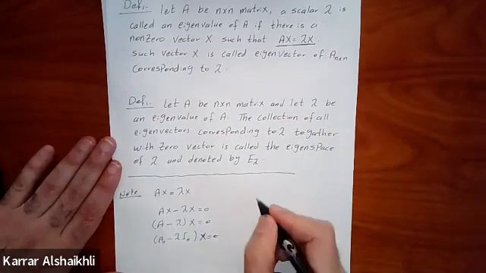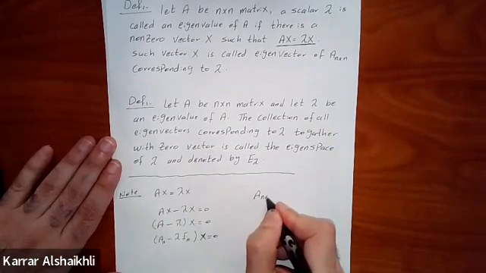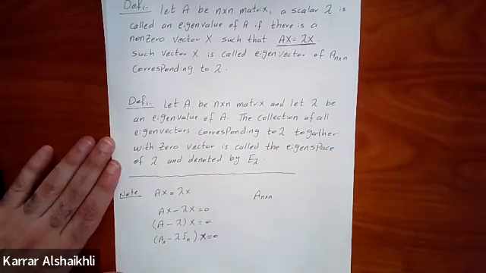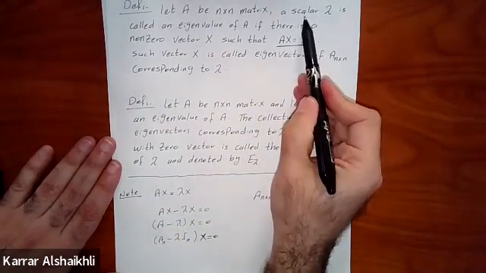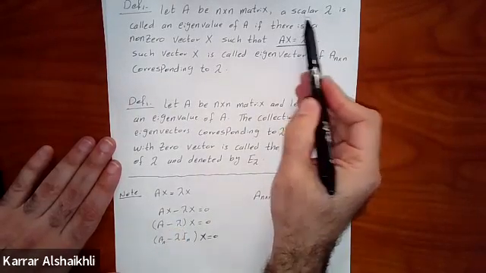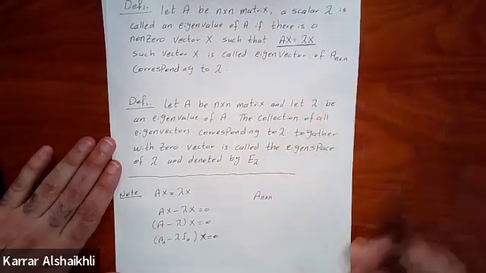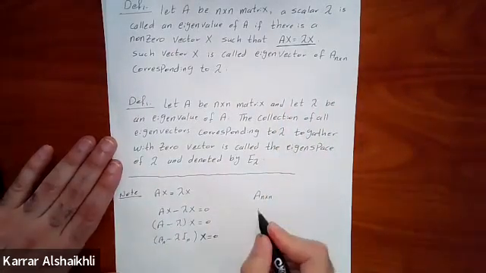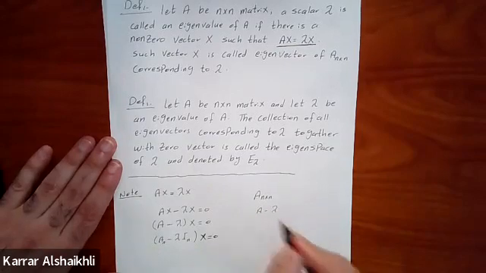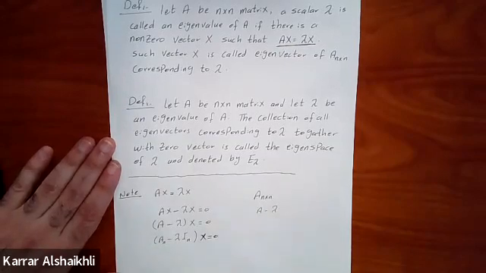Now, A is a square matrix, n times n. Lambda is a scalar. That means I can't say A minus a scalar, because A is a matrix and lambda is a scalar.